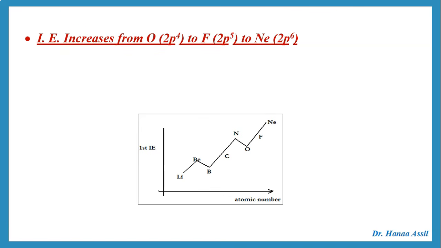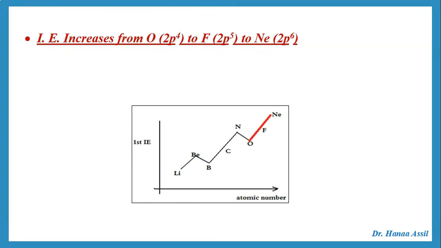We find that the ionization energy is increasing from oxygen to fluorine to neon. This is because as we go from oxygen, fluorine, neon, we have the same number of energy levels, but the number of protons in the nucleus is increasing. Oxygen has 8 positive protons in the nucleus, fluorine has 9, neon has 10.